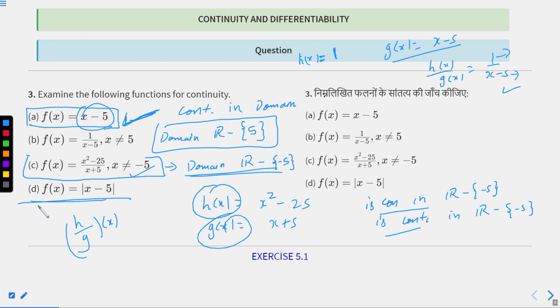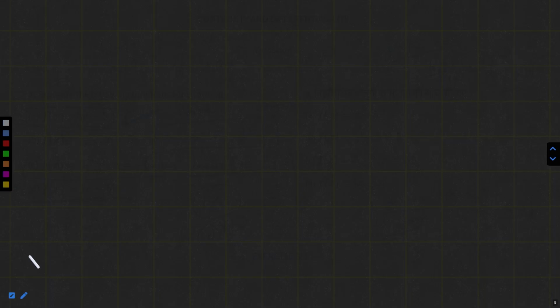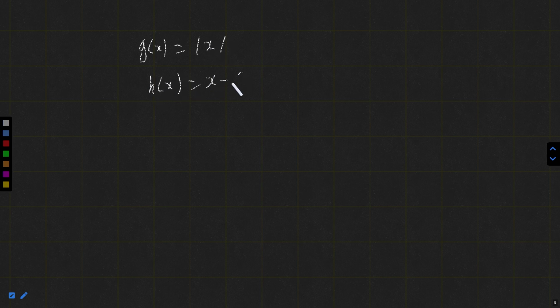What about this? Quite simple. For h(x), we have already shown that x minus 5 is continuous in R. And g(x), if you take g(x) as modulus x, is continuous in R. This means g(x) is nothing but mod x, and h(x) is nothing but x minus 5.